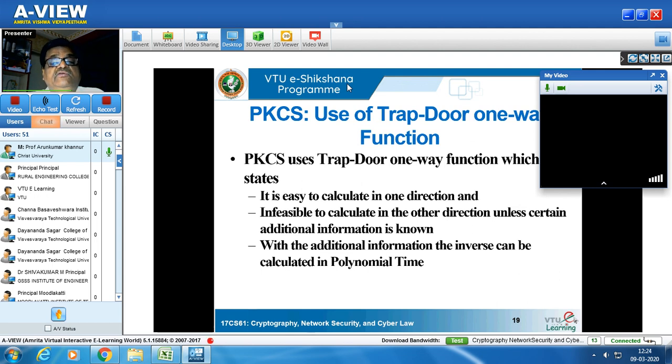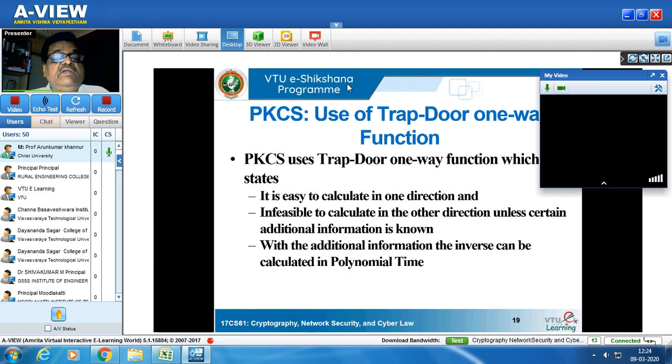This PKCS uses a trapdoor one-way function, which states it is easy to calculate in one direction. For example, encryption.